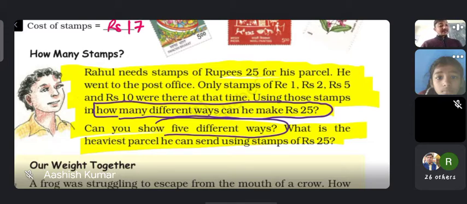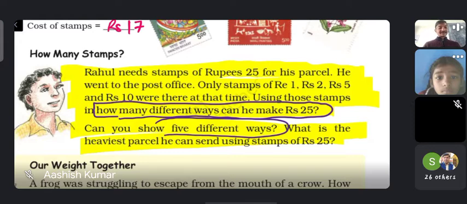It is very important to note down that for 1 rupee we will write the symbol Re, and for more than 1 rupee we write the symbol Rs.